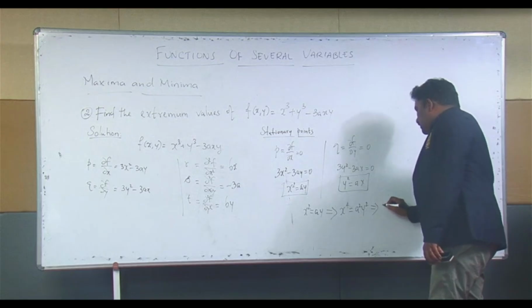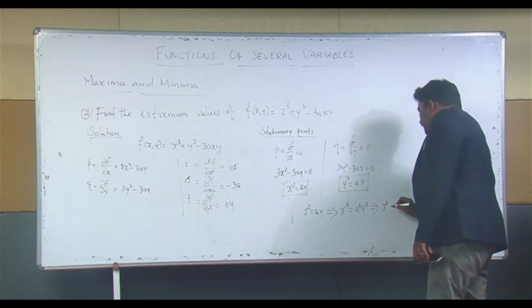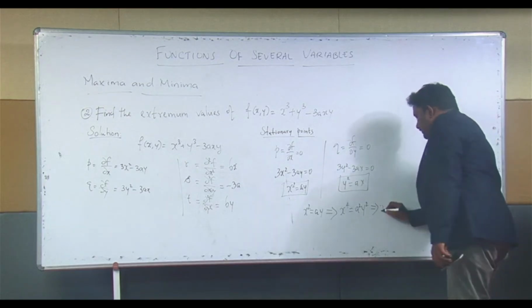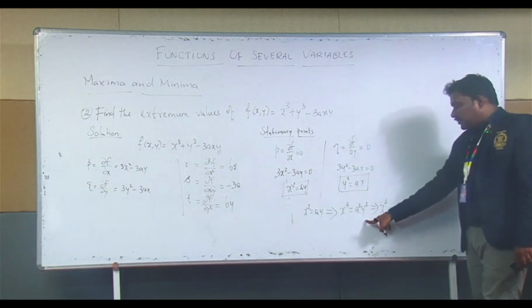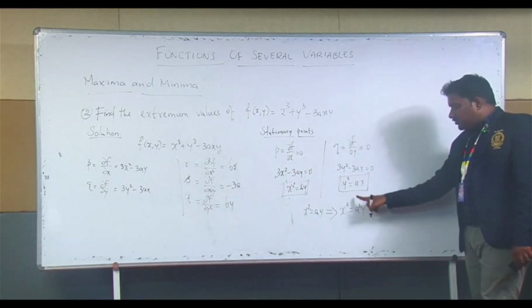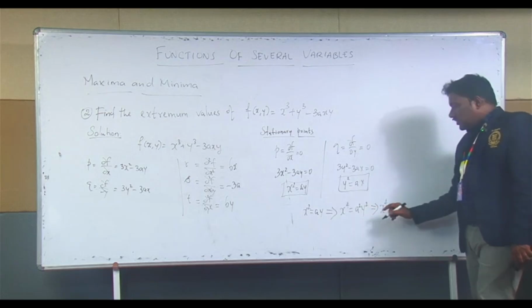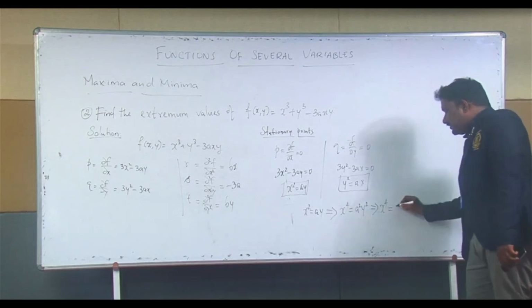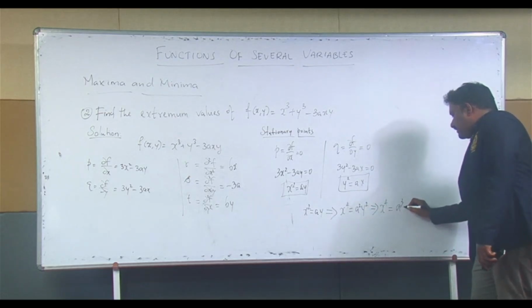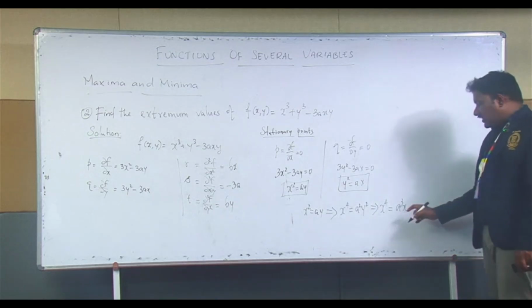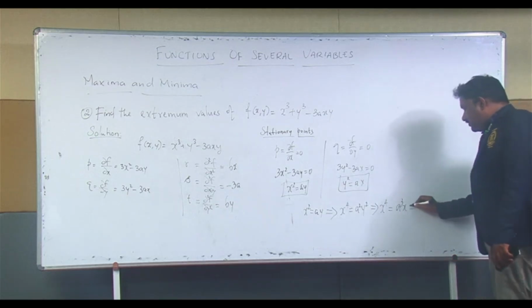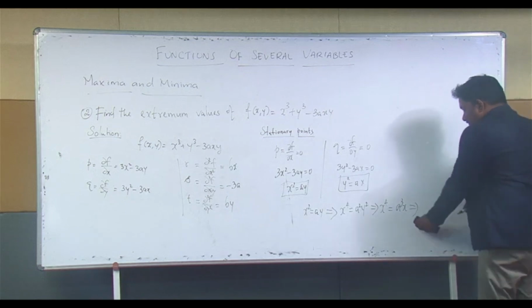Now, x power 4 is equal to a square into y square. Instead of y square, I will replace ax here. Already a square is there, so I will write a power 3 into x. This is the simplification we have, and this can be further solved.